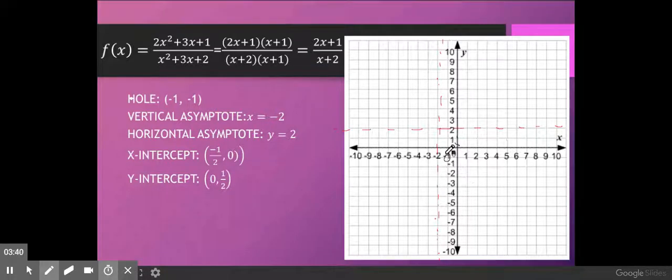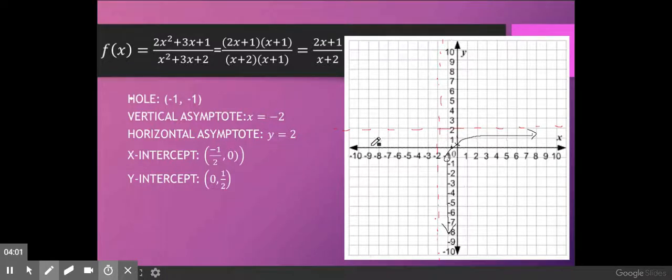So what we do is we connect the points and then we draw the rest of the graph going right along those boundaries of the asymptotes, just like this. So we're curving toward the asymptote. And your rational function will always have this type of look to it when we have one vertical asymptote.